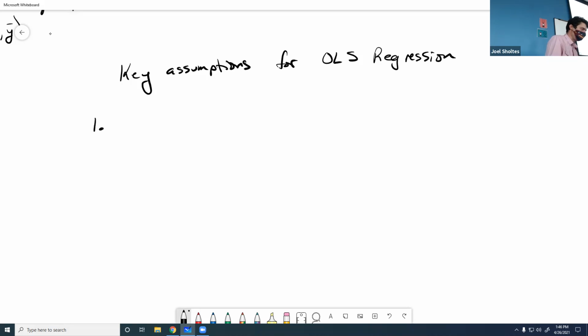Okay, the first assumption, and when I say assumption, I mean these should be met or pretty close for this statistical analysis to be valid. And we'll get to explore that together. So the first one is called constant variance of residuals.